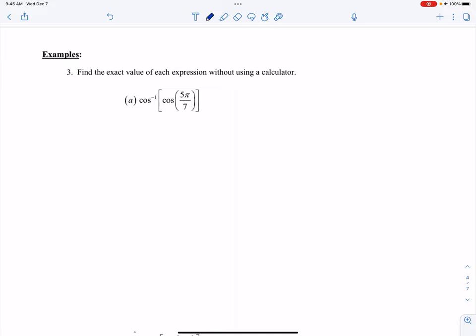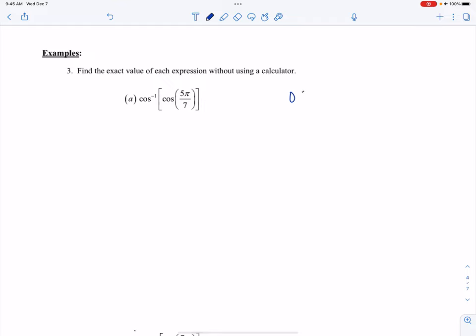So if we want something more exact, then we have to do it ourselves. If we're looking at cosine inverse of cosine of 5 pi over 7, for example, remember our domain: we want our theta to be between 0 and pi.